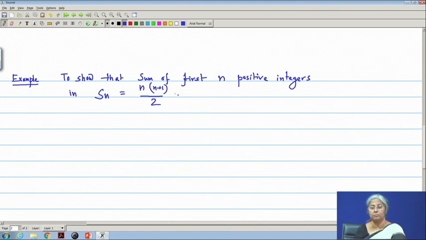All of you know this formula, but we have to prove it by mathematical induction.